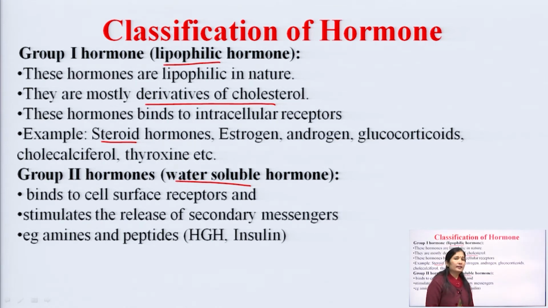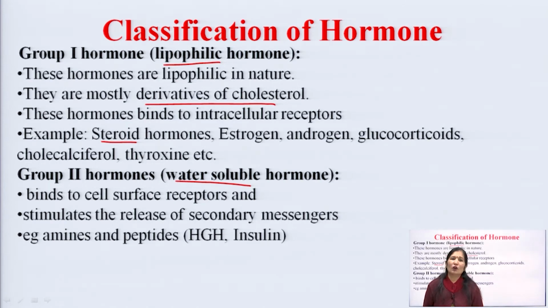Next is group 2, water soluble hormones. Because they are water soluble, they cannot cross the plasma membrane, but to produce their action they need to bind with receptors.